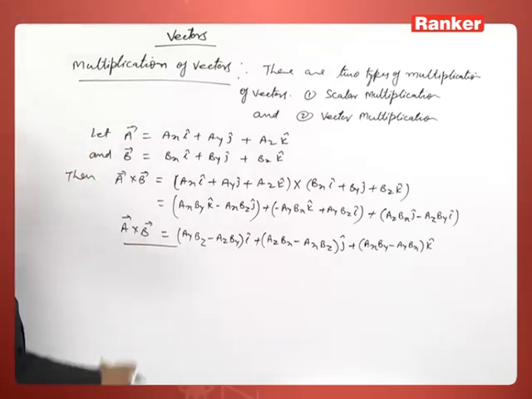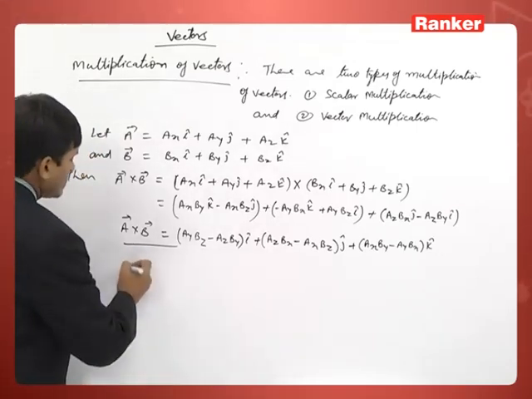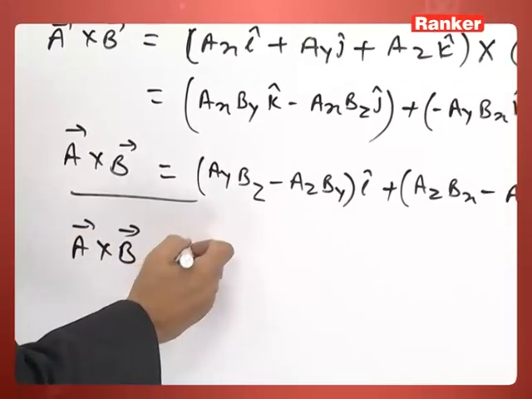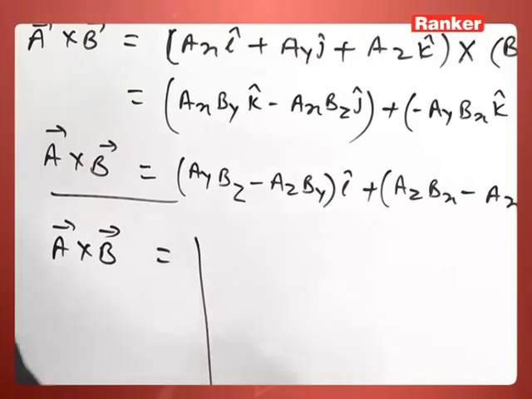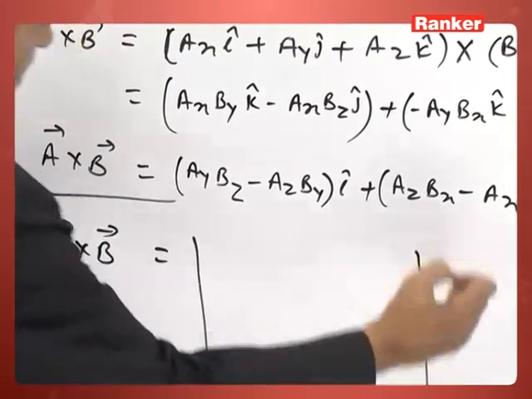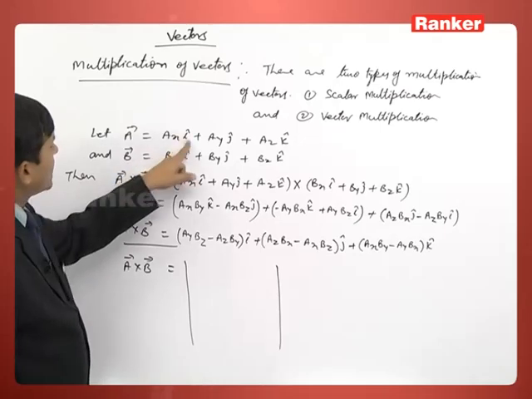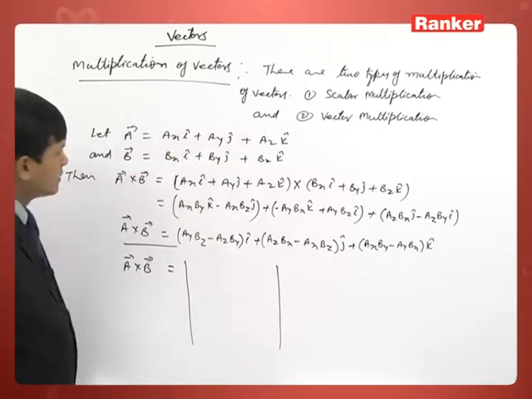See, one more easy method of finding A cross B is the determinant method. In the determinant method, A and B are these two vectors, i, j and k are their unit vectors.